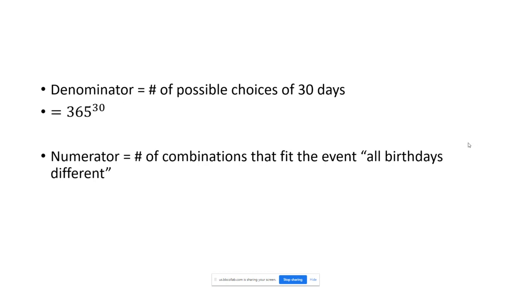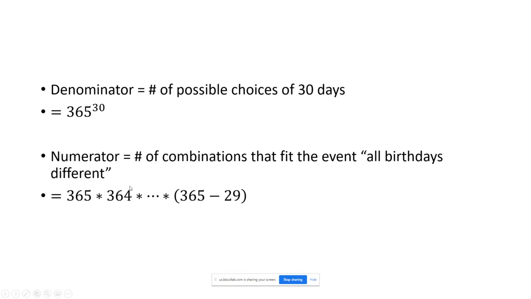The numerator is going to be the number of combinations that fit our goal of having all birthdays be different. Once we find that, then we'll take 1 minus that to get the probability of at least 2 people having the same birthday. Well, we have 365 choices for the first person's birthday.